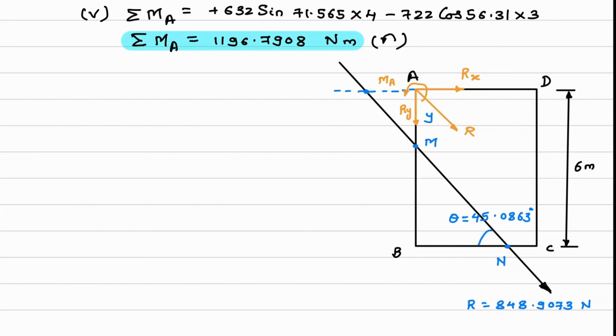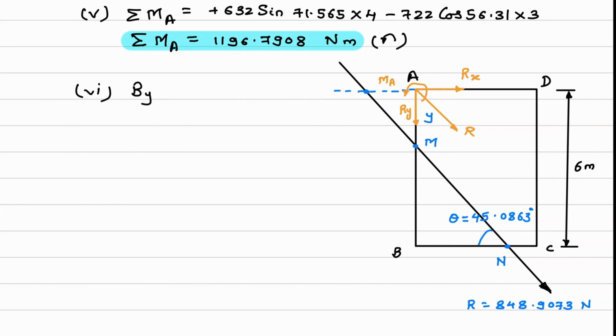Now based on this, what we have to calculate is this distance AM and distance BN, wherever the resultant cuts AB and BC. So we have to calculate these two distances. So we'll write down now. We'll apply Varignon's theorem. So what is Varignon's theorem?